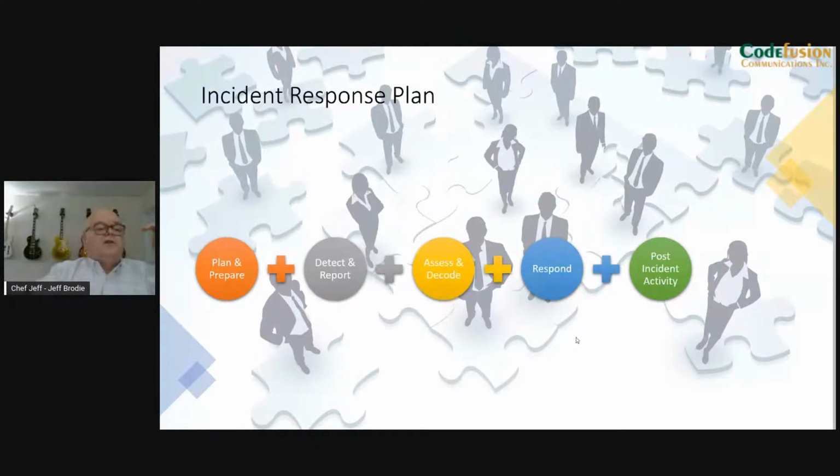And this creates for us our incident response. And that's what we're talking about here today, is insider threats and what we do and how we respond to them. So having a good plan in place and then being able to recognize the signs of an insider threat and knowing how to report that, how to correlate that, and how to move that through.